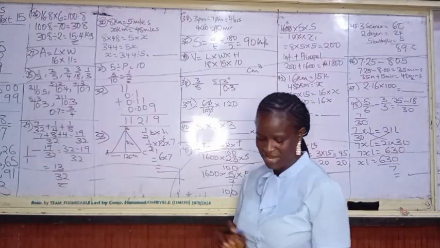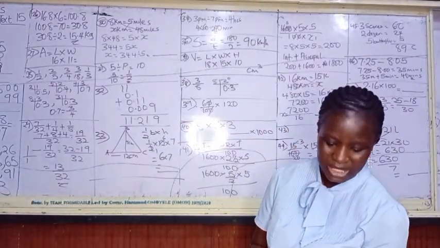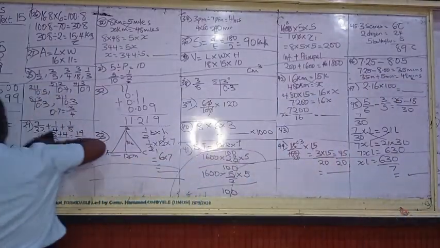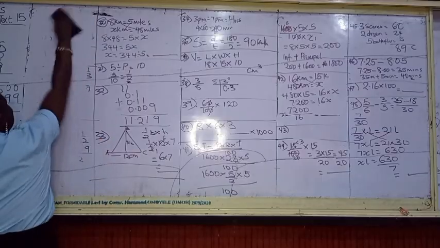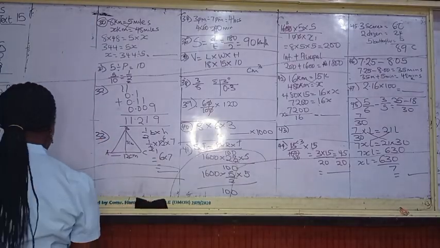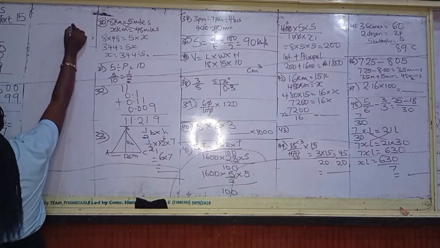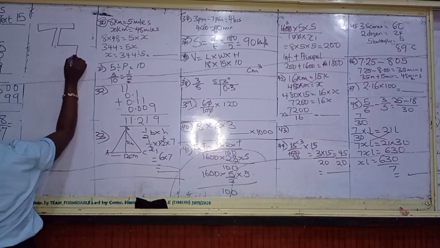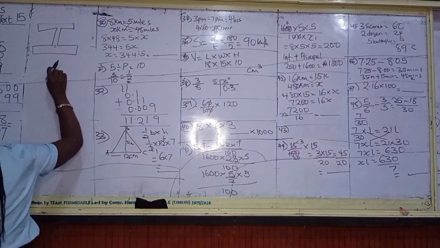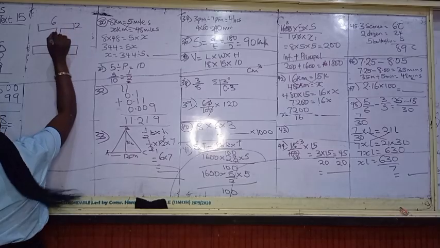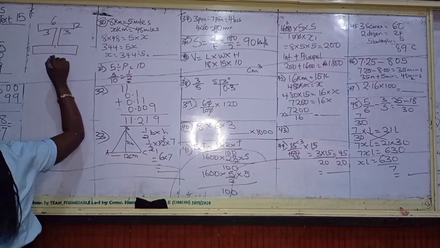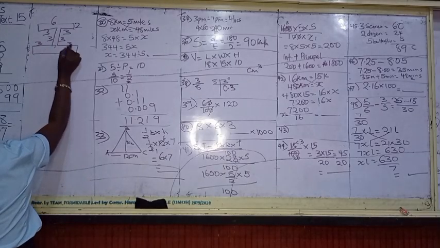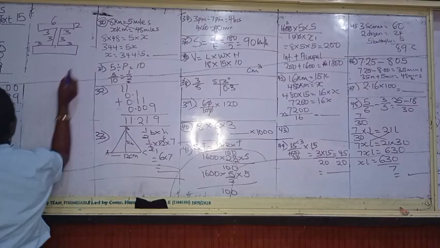Now to number 49, we are given a diagram here. Let me look at the question. They said find the perimeter of the diagram. Because all the sides of the diagram are given, we add them together. So we have 6 here, we have 2 here, it carries centimeter anyway, we have 3 here, 3 here, 3 here, 3 here, 3 here, and we have 2 and 7.